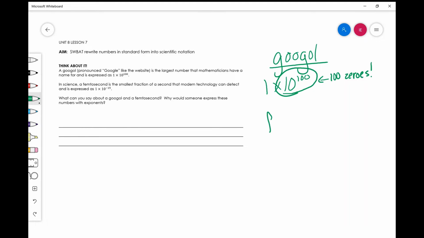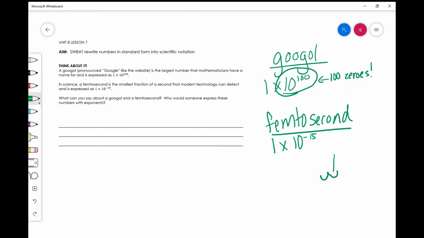A femtosecond is when I have 1 times 10 to the negative 15 of a second. I guess I could write that out. Again, we're moving our decimal place over. So I'd have 1, and I'd move it over 15 times.